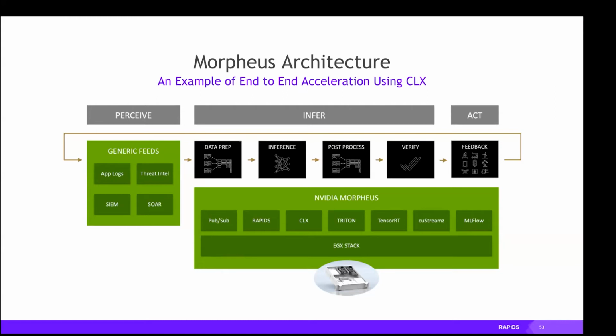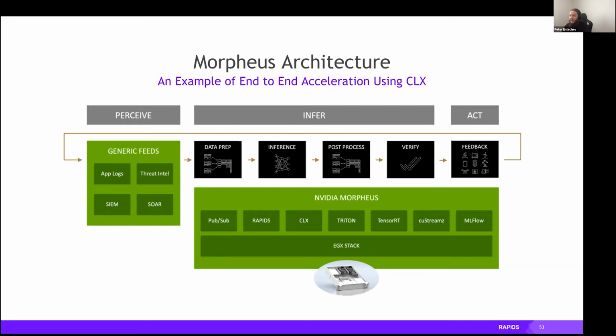The first phase is the perceive phase. It consists of the input data. It can come from application logs, from threat intel, from security information and event management alerts, from applications or network hardware, or anything else that you can imagine.